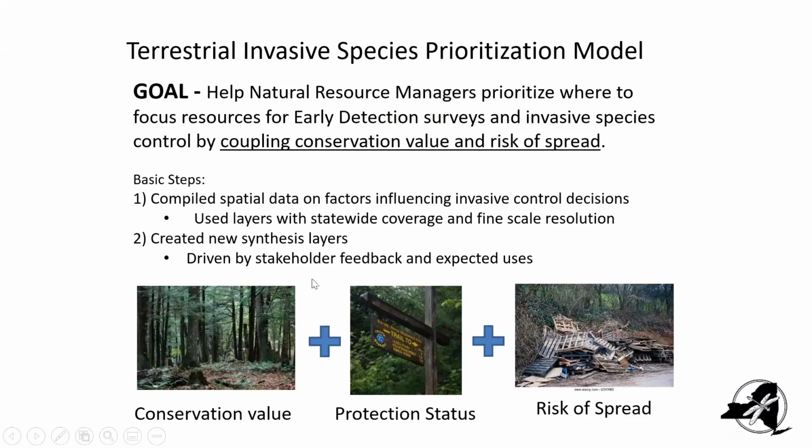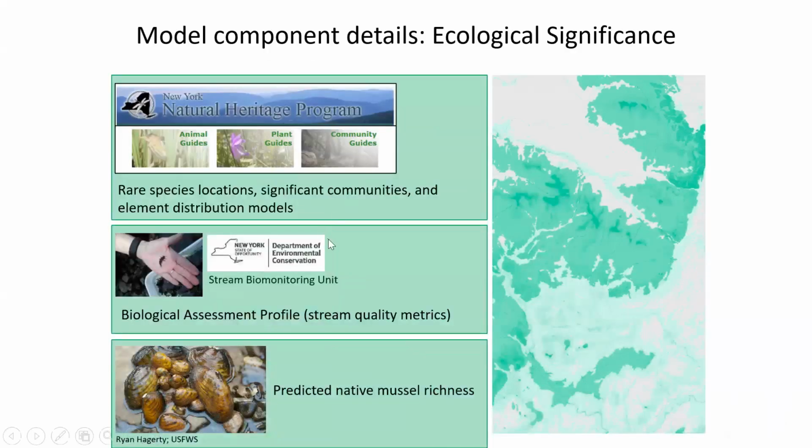To do this, we compiled spatial data sets that were available on a statewide basis, for factors that influence invasive species control decisions. And from these, we created new model layers or synthesis layers that tapped into conservation value, protection status, and risk of spread. Each of these component layers was made up of many different types of spatial data.